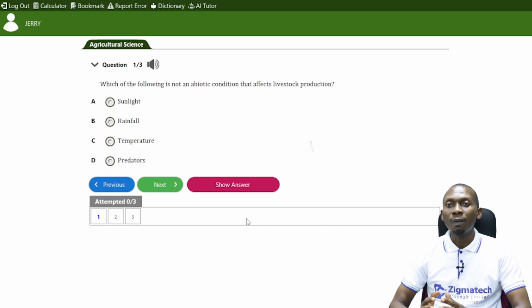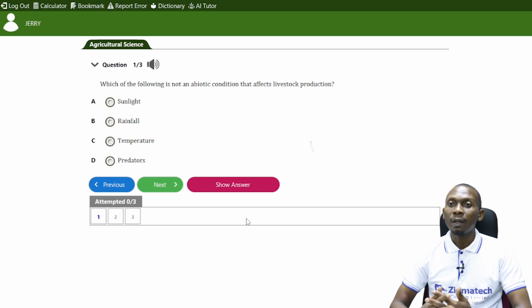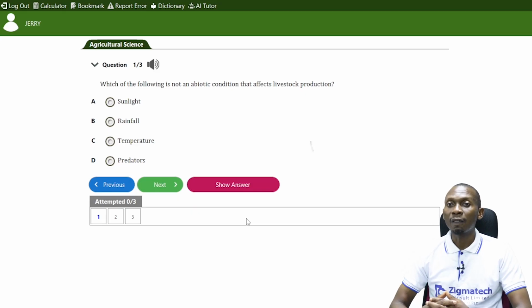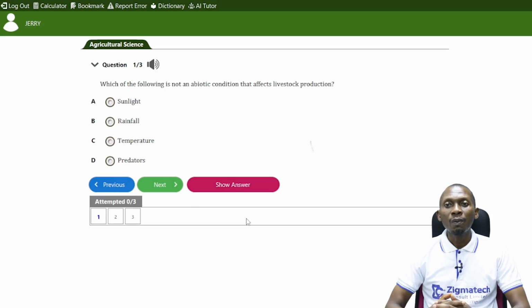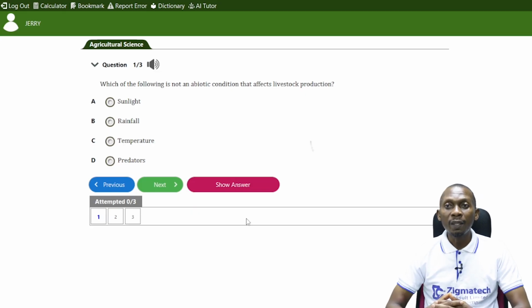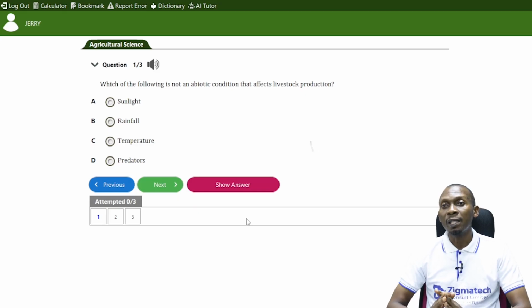Remember when we talked about the effect of climate on egg production, milk production, on growth, and I gave examples of factors of climate, which are temperature, rainfall, sunlight. Remember, we did not mention anything living, which is a biotic factor. So the question is asking which of the following is not an abiotic condition that affects livestock production. Now we need to understand what an abiotic factor is.